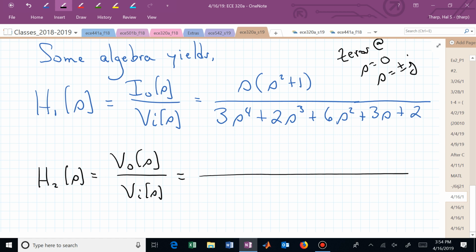Maybe there's another root. Maybe it would be fifth order because you wouldn't have the cancellation that you had in h sub 1, but you would have a similar looking polynomial as a factor in h sub 2. So it would behave similarly to h sub 1. The denominators are going to be the same in all of these transfer functions, unless you have some cancellations.